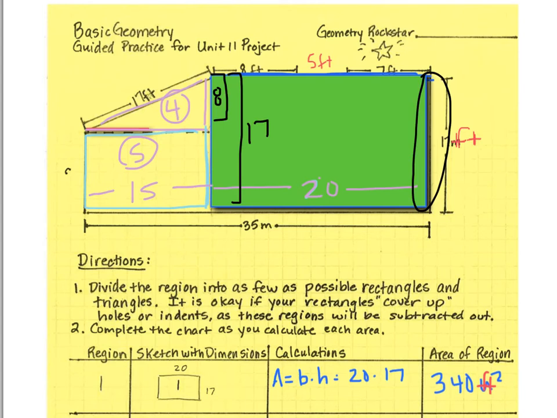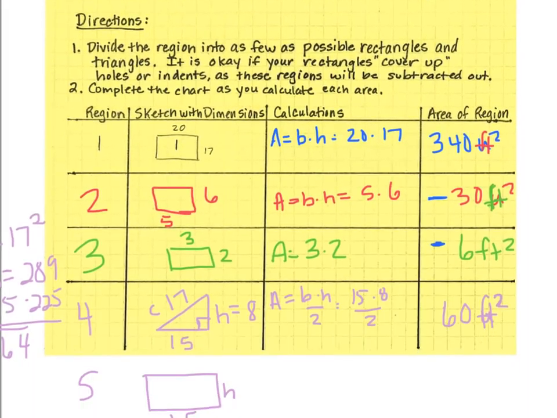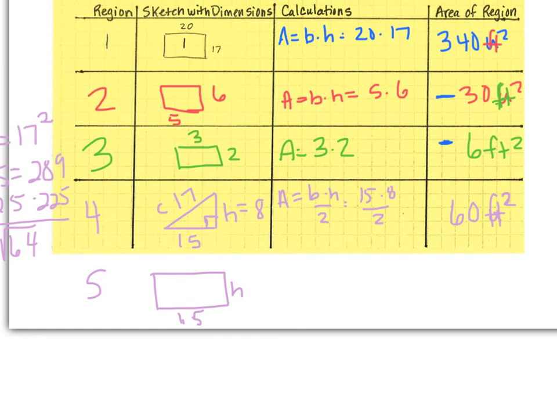So that leaves my rectangle here with a height of 9, because 8 plus 9 adds up to 17. So if I scroll down, I now know the height of region 5 is 9, which means since it's a rectangle, we can take base times height, 15 times 9, and that's 135 feet squared.